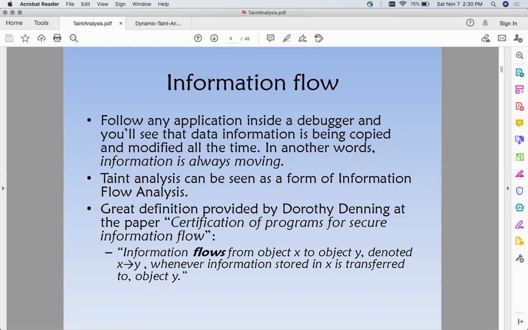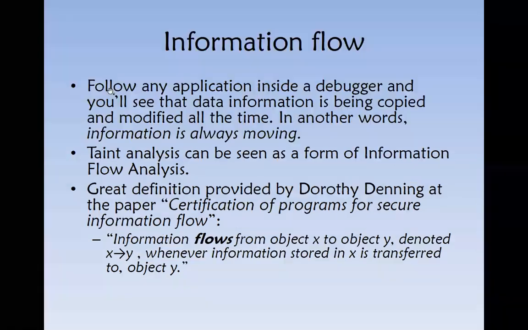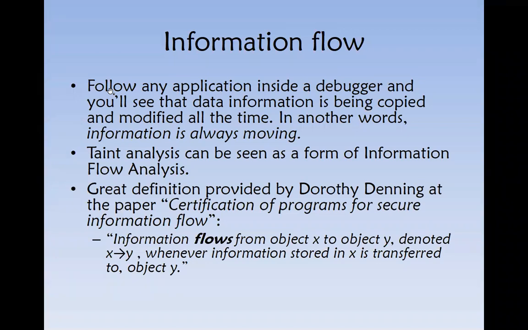The motivation for information flow is very clear. If you take an application, put it inside a debugger, and do a single step execution of this program, you will find that data is being copied all the time, right? Data is being copied from memory into register, from one register to the other.